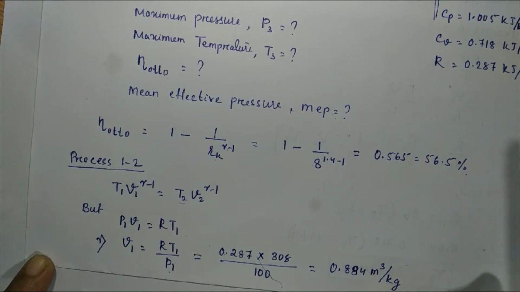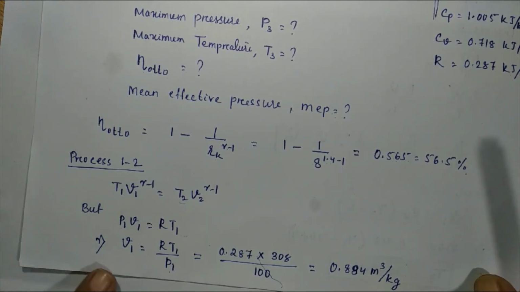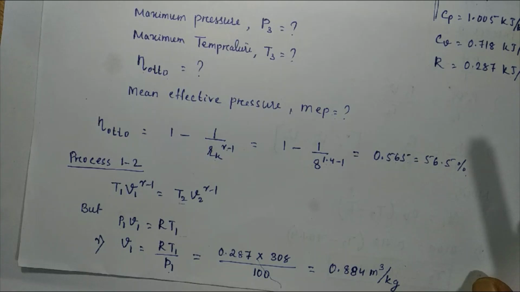Now we have to calculate V2. We got the value of V1 for state 1, so similarly we can consider the properties of state 2. First we calculate the volume.